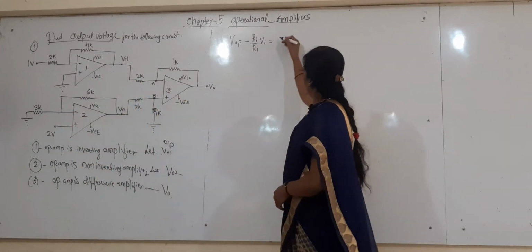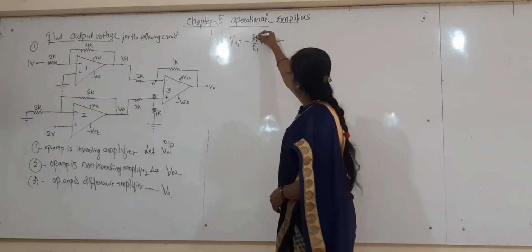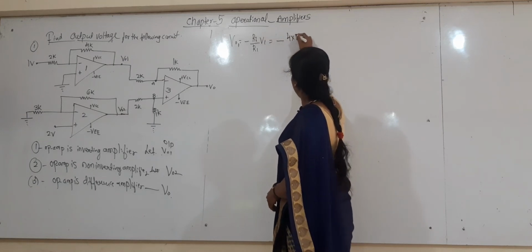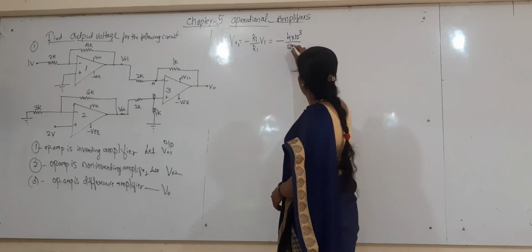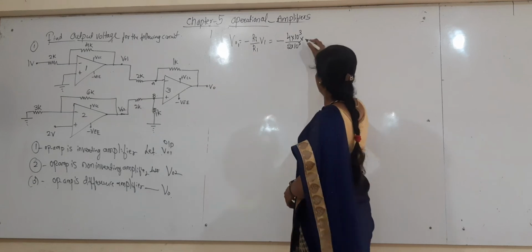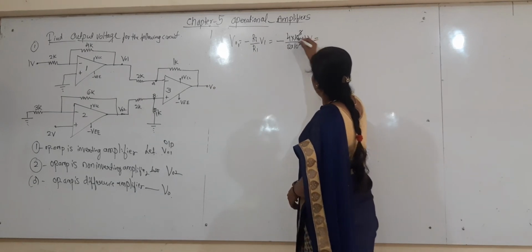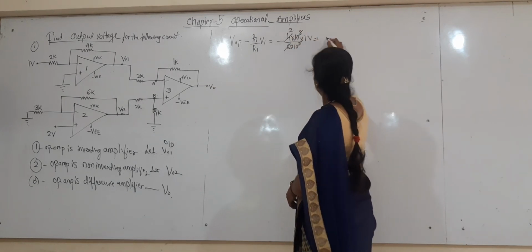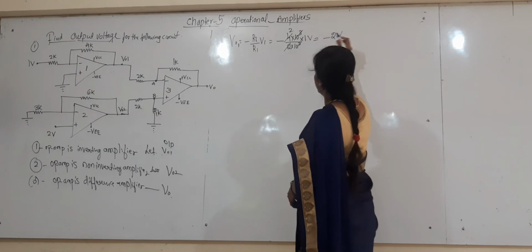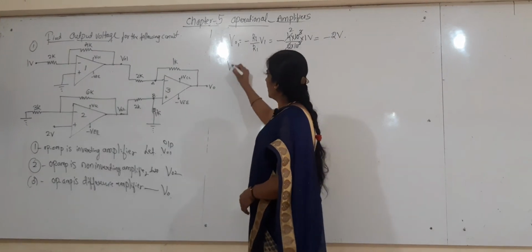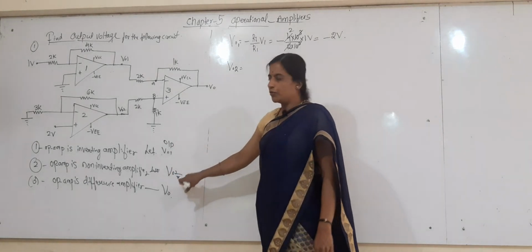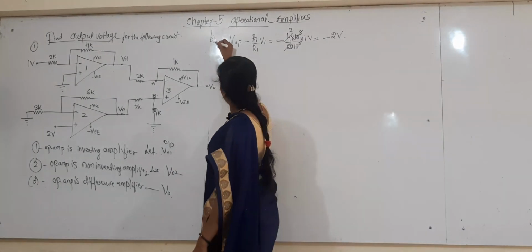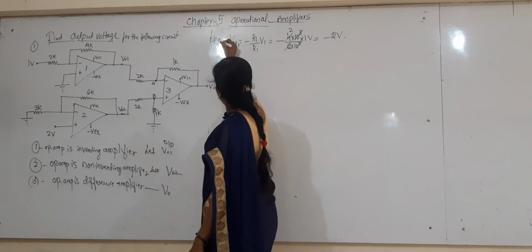So 4 kilo divided by 2 kilo into the input voltage of 1 volt. Kilo cancels, 2 ones are 2, and we get minus 2 volt as V01.